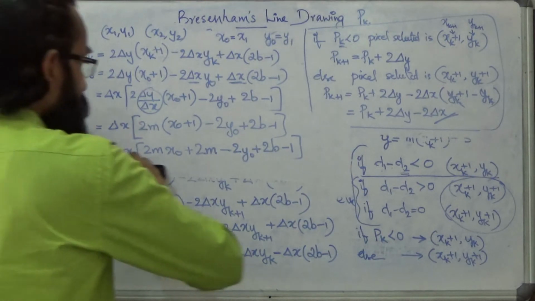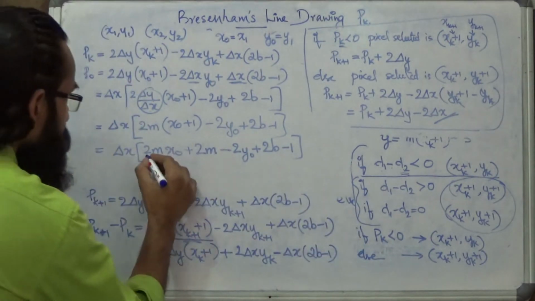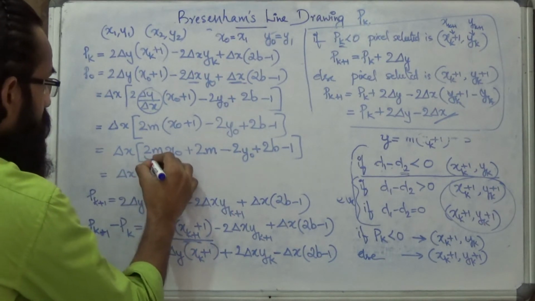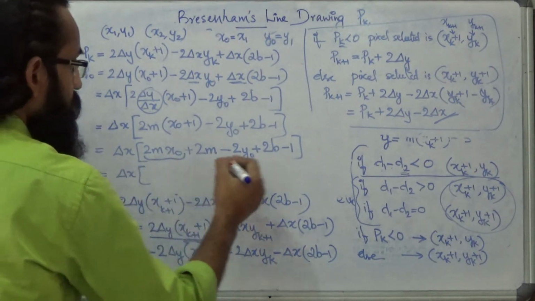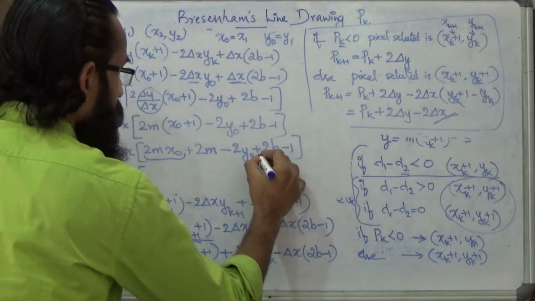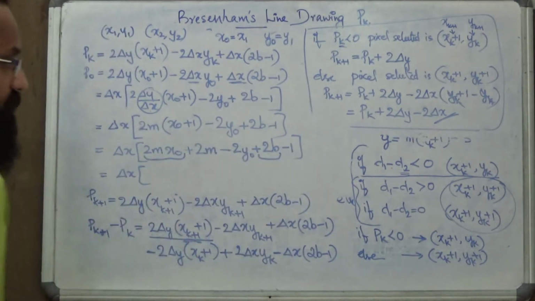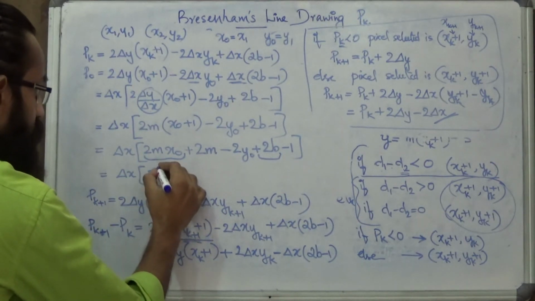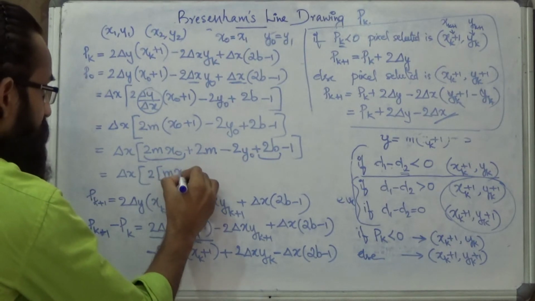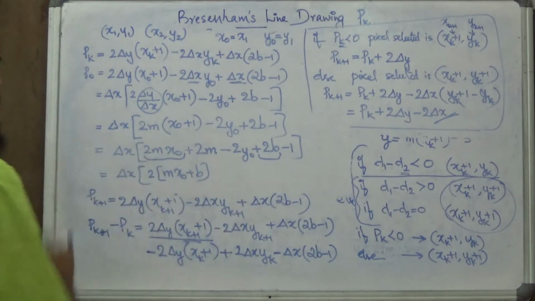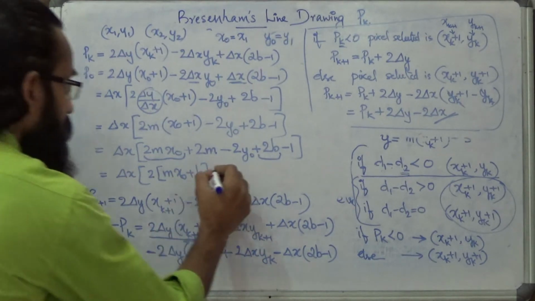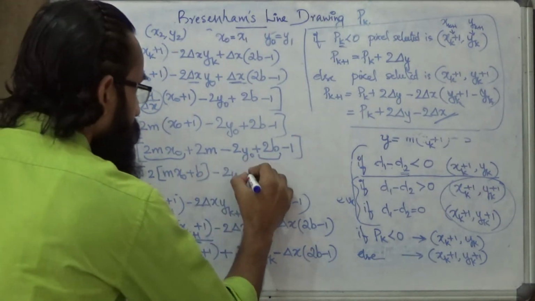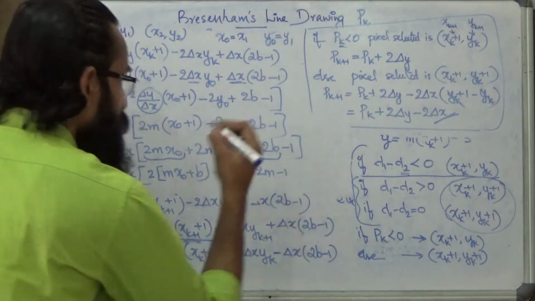So what happens if I am grouping these two? So this will be equal to delta x into, I am grouping 2mx0 plus 2b. Okay. So I am taking 2 outside, 2 into mx0 plus b, minus 2 into y0 plus 2m minus 1.